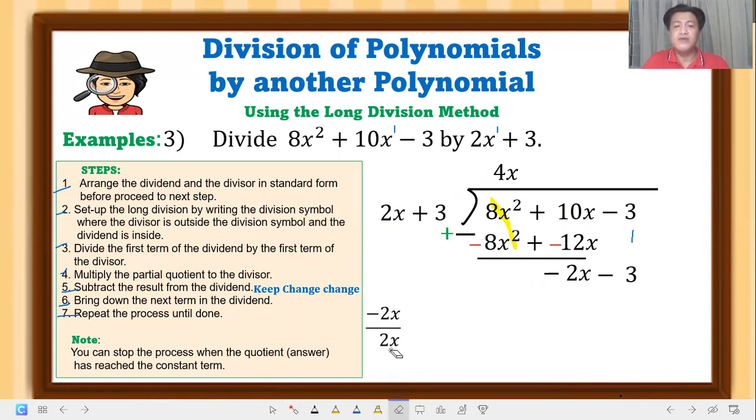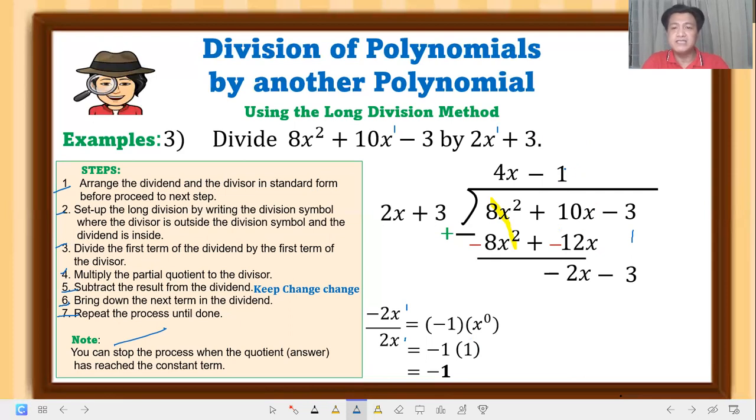So we have negative 2x over 2x, and that will become negative 1 times x raised to 0. Kasi nga, di ba, remember, may 1 dito. 1 minus 1, 0 na kaya x raised to 0 is equal to 1 times negative 1, that is simply negative 1. Ibig sabihin, ang quotient nito is negative 1. Okay, kung mapapansin natin, di ba, kailan ako hihinto kapag na-reach natin yung constant term.